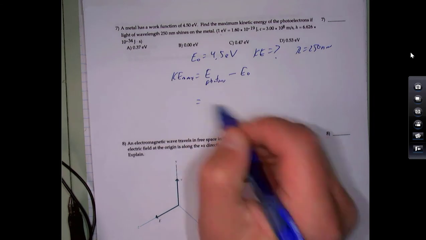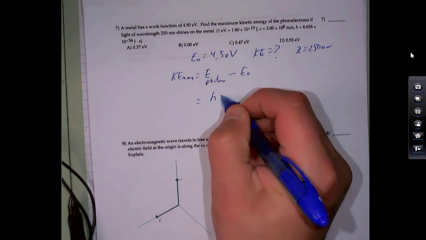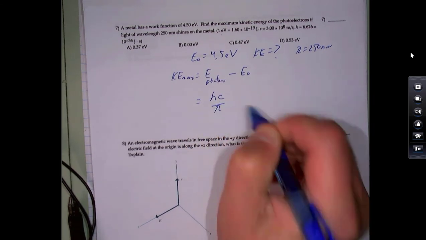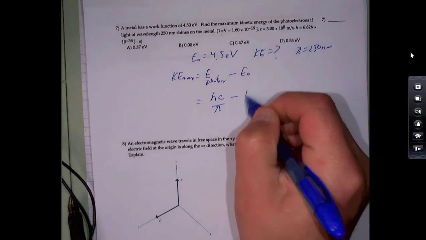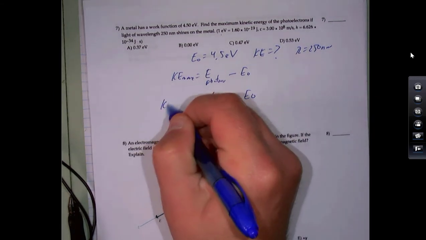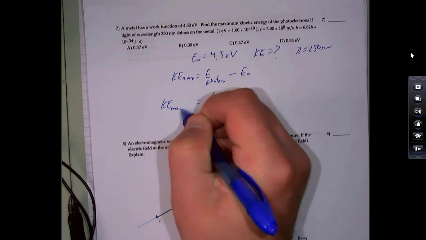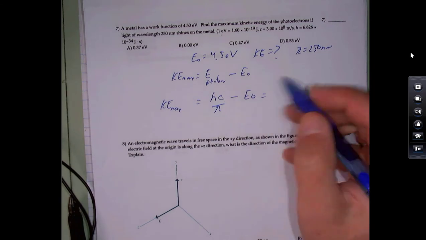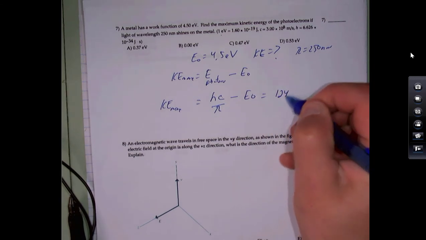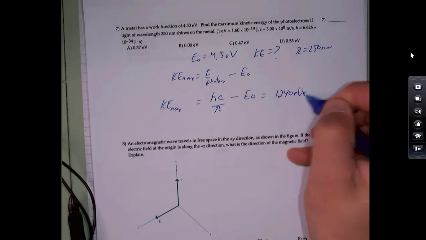So the energy that the photon has is going to be hc divided by the wavelength, minus the work function. This is how much kinetic energy we have. Now I'm going to do what we did with some of our other problems: h times c, I'm going to use 1240 eV nanometers.